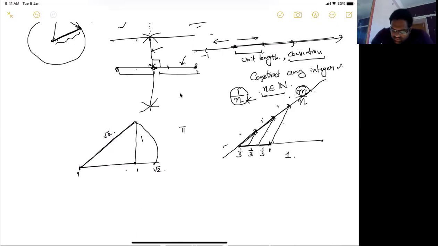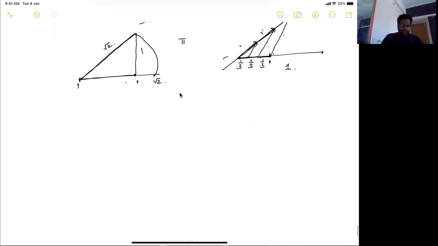So with this introduction, we'll make the following definition. We start with two distinct points, P naught, P1. We take P naught, P1 as unit distance. This is purely convention, so these are arbitrary distinct points.